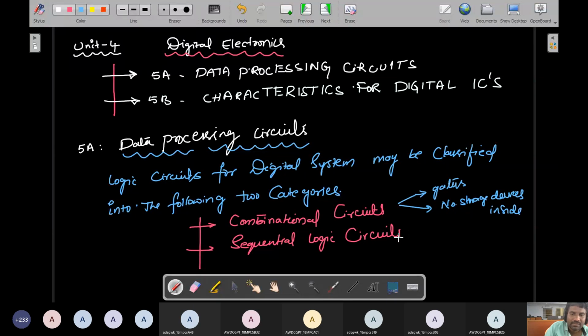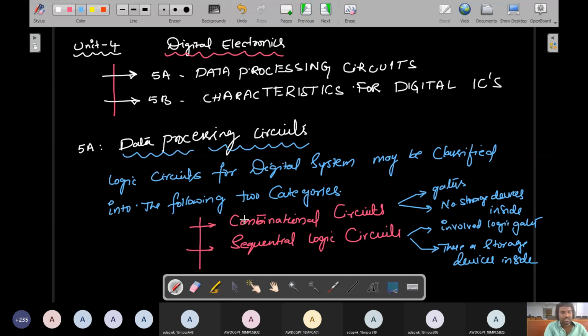But a sequential circuit involves logic gates as well as storage devices inside. This is the only difference between combinational logic circuits and sequential logic circuits.